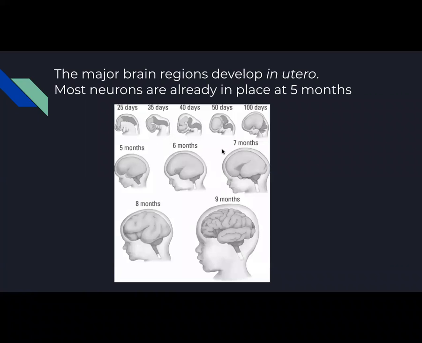And a lot of the major brain regions that you've seen are developed in utero. So humans are interesting also in a sense that a lot of the brain has to develop inside. Actually, for all mammals, a lot of the brain has developed inside before birth.